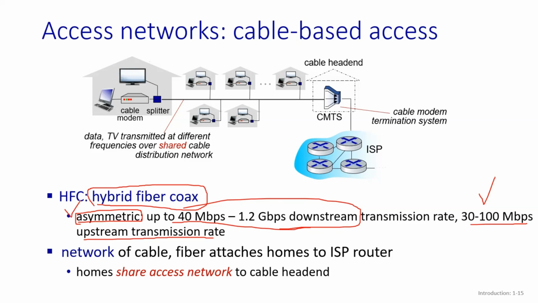Just for simplicity, you can think of downstream as download speed, and upstream as upload speed. There are different channels for the transmission of data. For example, you're downloading a video, a movie, a song from the internet.